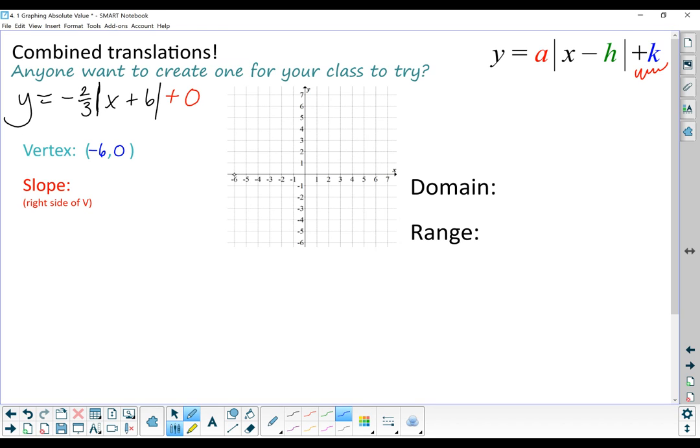And of course, I pick something that's off the graph because that's what happens when you just write things down on the fly. So from that vertex, our right side, our slope, is going to count down 2/3, down 2/3, down 2/3. So that gives me the right-hand side of my absolute value.